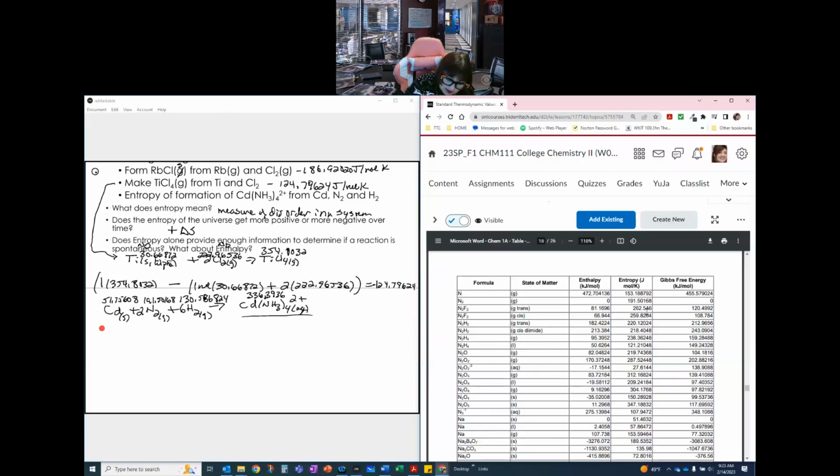I have 1 mole times that 336.3936. And then I'm going to subtract from that the total value of 51.75608 plus 2 times the 191.50168 plus 6 times the 130.586824.